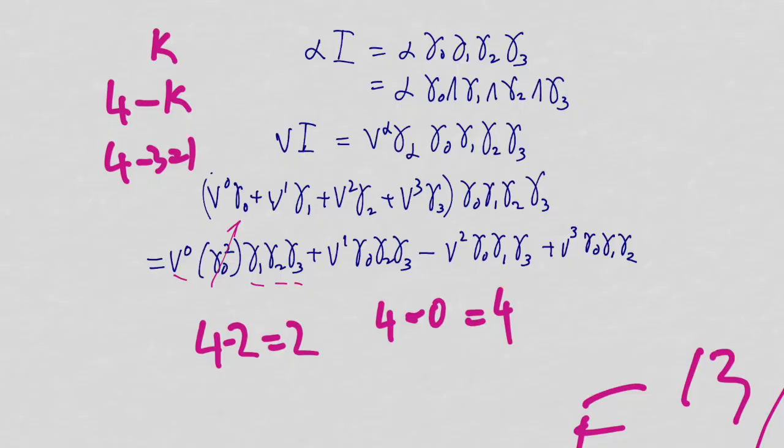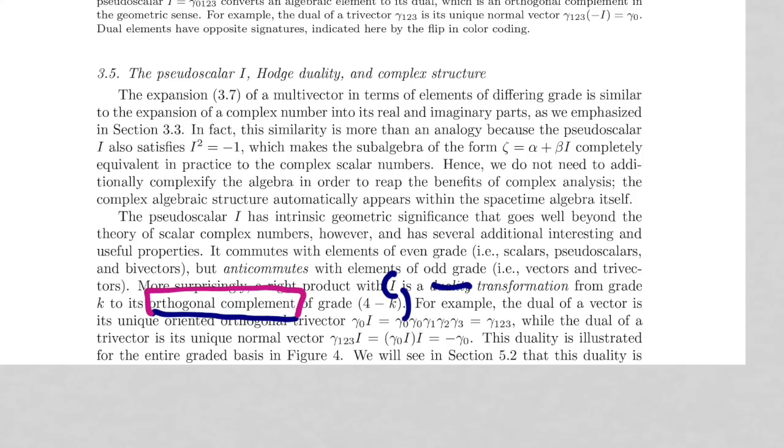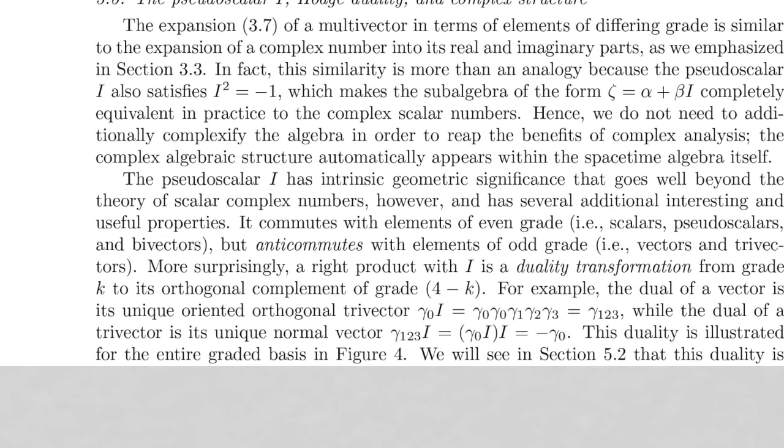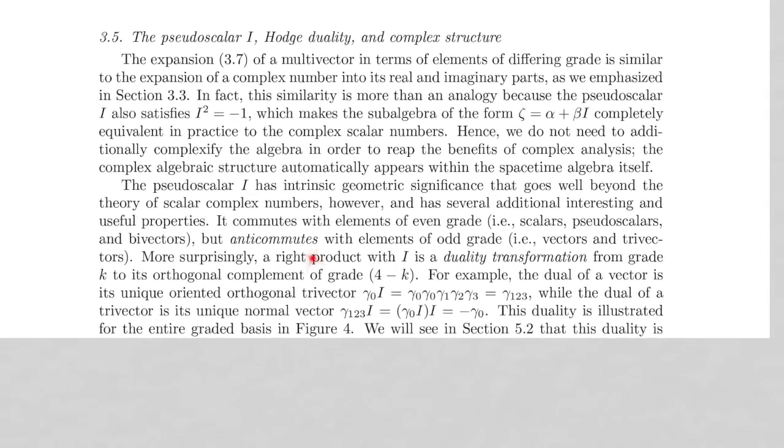So that is how all of this language here works, right? The grade 4 minus k part, I just went through that. And they say a right product with I is a duality transformation from grade k to its orthogonal complement.